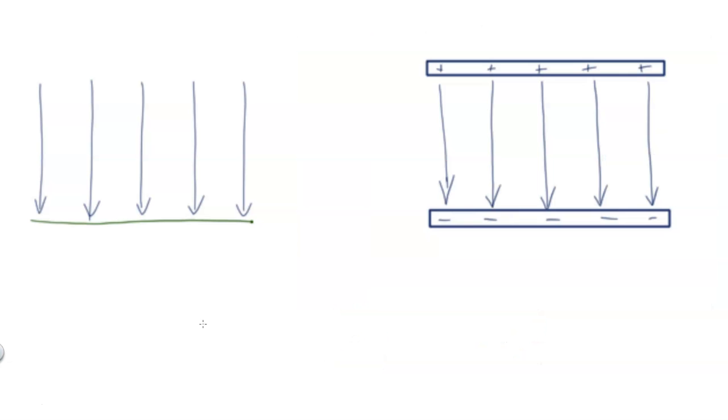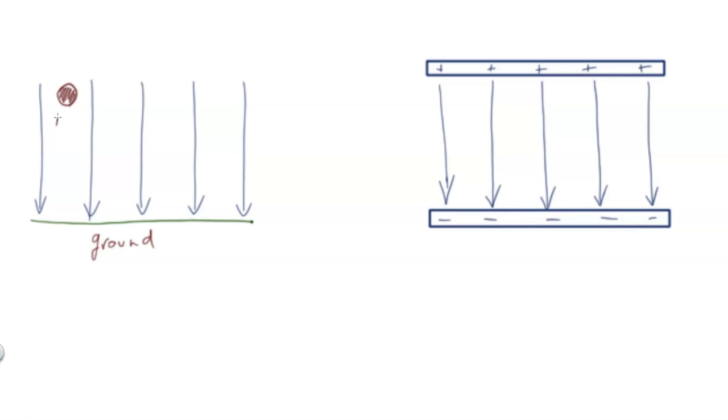Now, before we go on, I just thought it'd be useful for us to compare an electric field with a gravitational field and the effect of a gravitational field on a mass within that field.